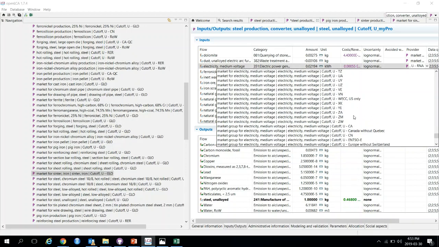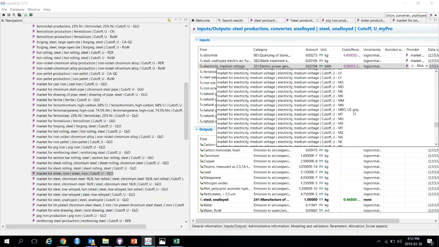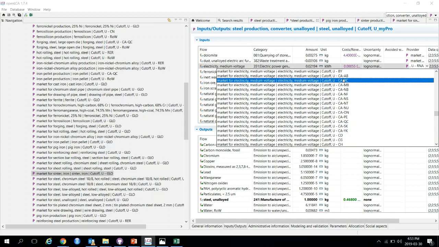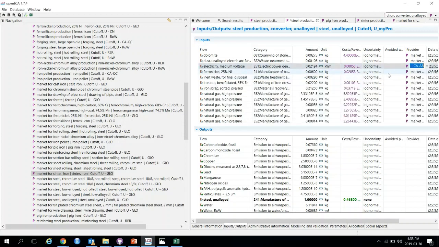We're going to assume medium voltage, and look for Canada. So here's Canada, CEA, and here's Alberta, right there. Now this is very important, especially for electricity, because grid mix can be very different in terms of technologies, as you know.